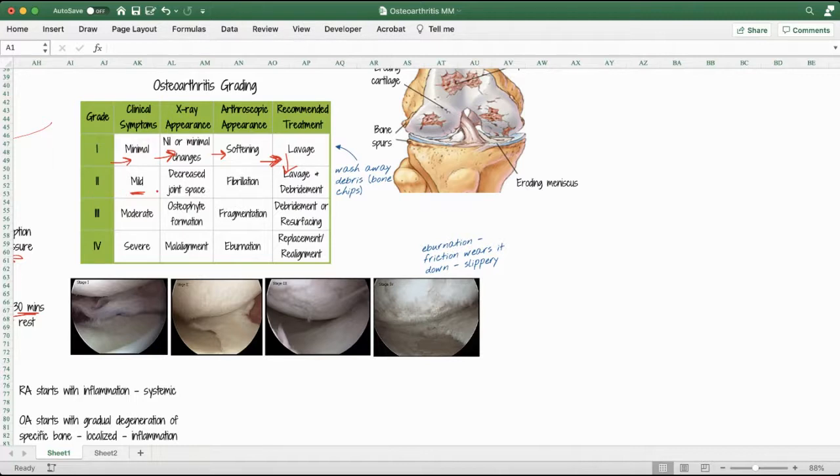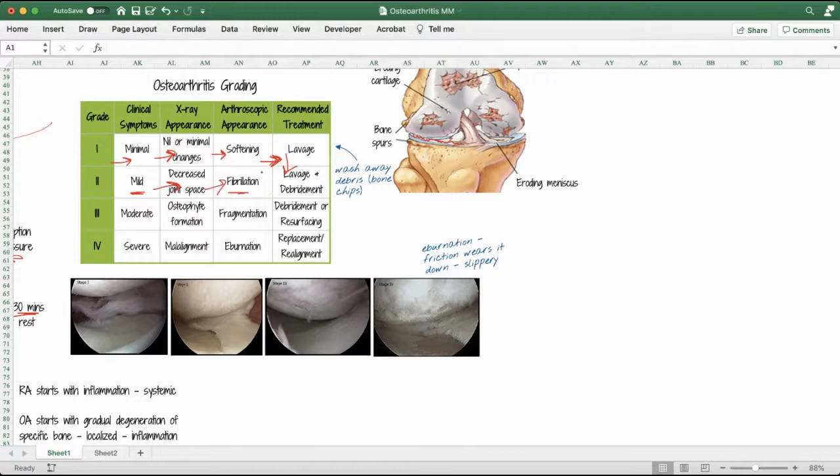This is stage 2 now. Now you're seeing this decreased joint space, and the fibrillation, which I took a little picture of here. If you look, that is the fibrillation of the cartilage or the bone. So you would see that on an arthroscopy.